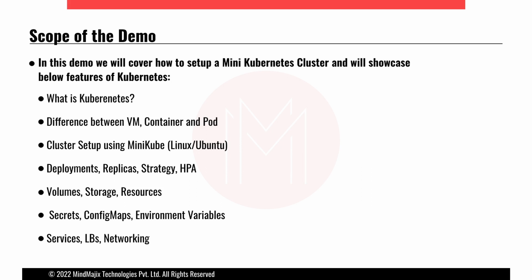Then we'll talk about the most relevant features of Kubernetes: deployments, replicas, strategies of application deployment, and horizontal pod autoscaling. All these are the backbone of application deployment in Kubernetes.